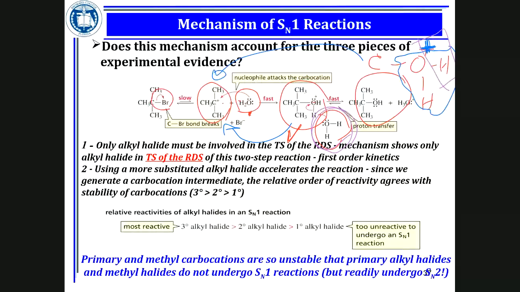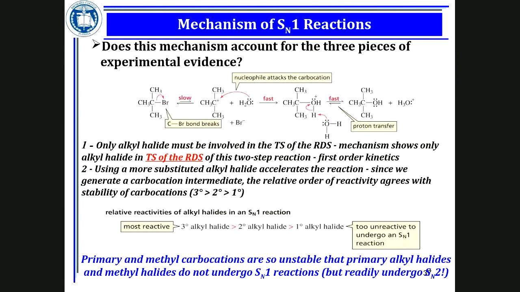Why do we have to remove H plus? Because oxygen cannot carry positive charge. And in order to stabilize this, you have to remove the plus sign from the oxygen. There are two choices.